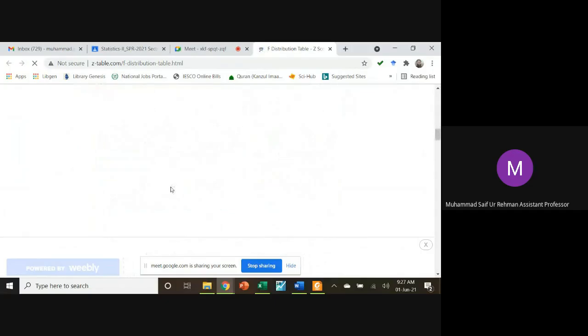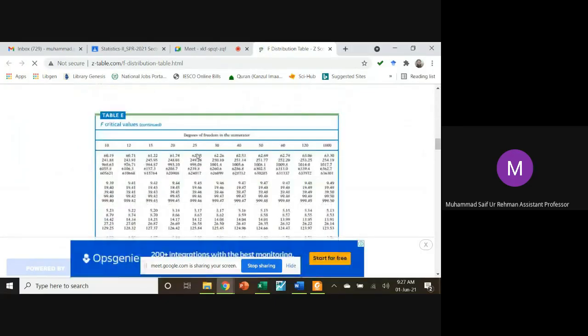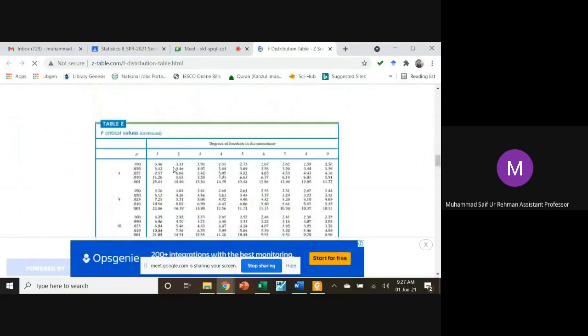So this is not the relevant table. You have to move up to this table. This is 2 degrees of freedom for the numerator, and this is 8 degrees of freedom for the denominator. So here 0.05, and move rightward until you are here: 4.46.